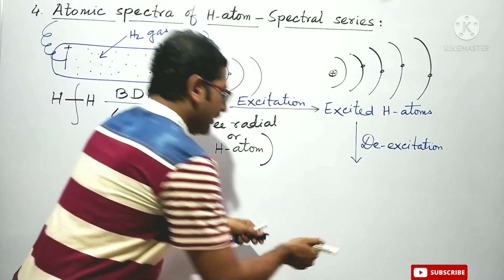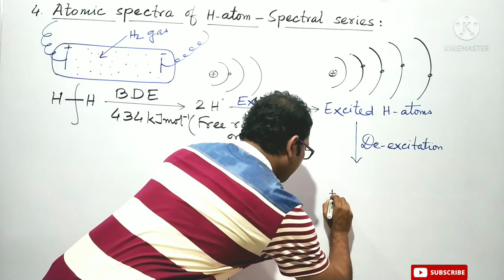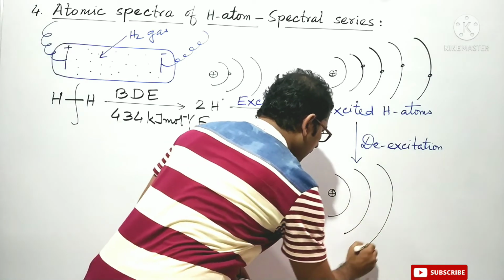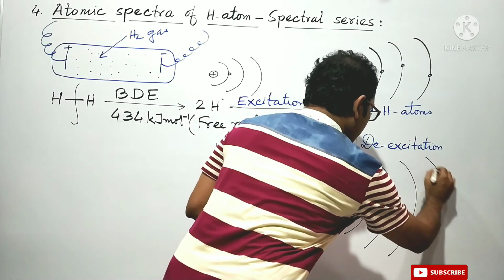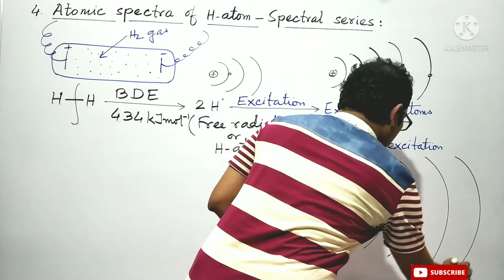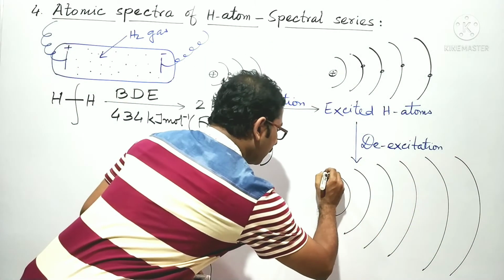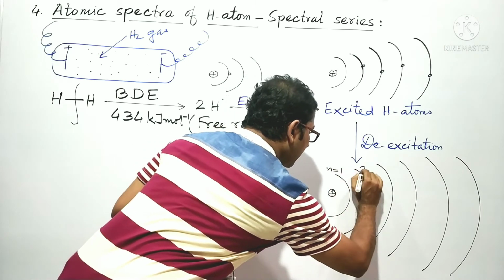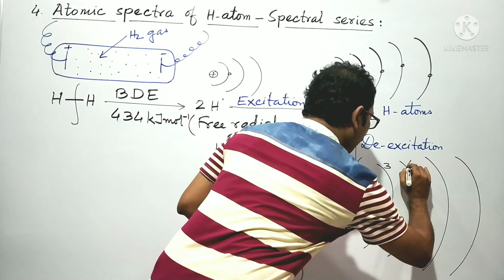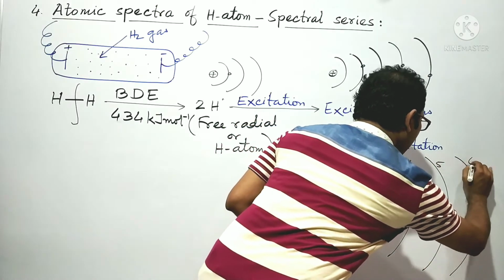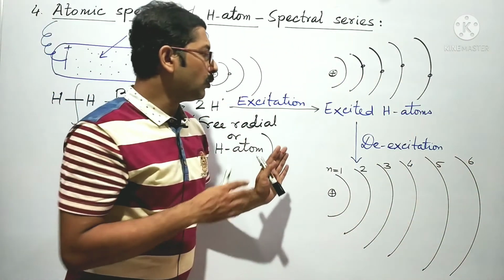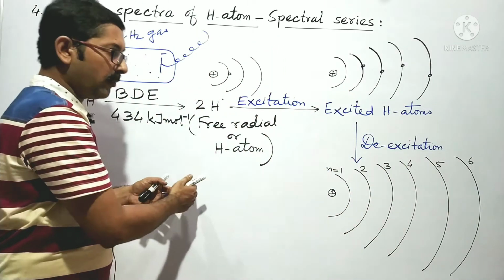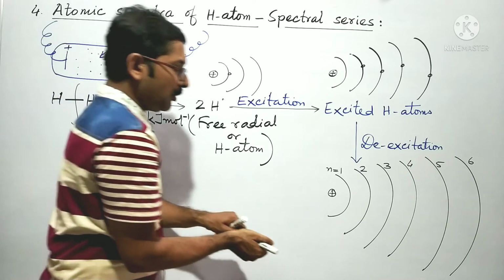That is, look here. Say this is your first orbit, this is n equal to 1, this is n equal to 2, 3, 4, 5th, 6th orbit. Okay, when the electrons of the excited state come back to the inner energy levels, what will happen?